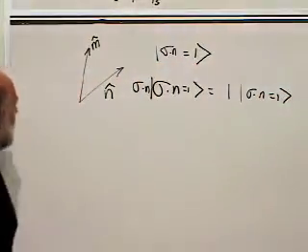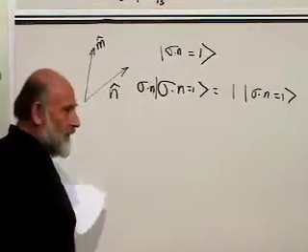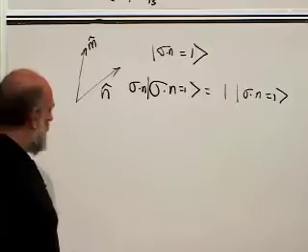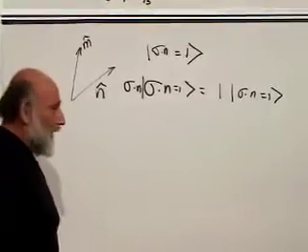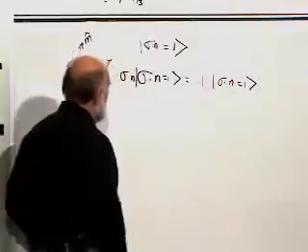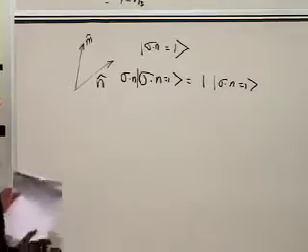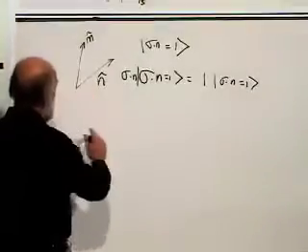Okay, that's the eigenvector corresponding to a state. We could call it an eigenstate. The word eigenstate is also used all the time. This is the eigenstate of sigma dot n such that sigma dot n, if you measure it, is definitely equal to plus 1. We can do the same for sigma dot m.